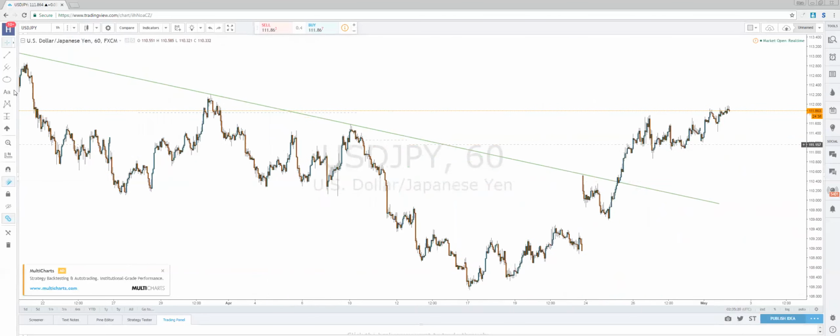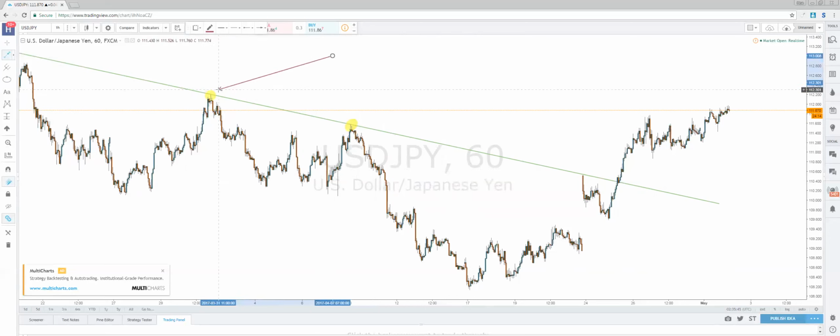Why is this valuable? Look what happened when it touched this trend line at these different points. It touched it here, and price dropped. Went back up, touched it again, and it dropped.